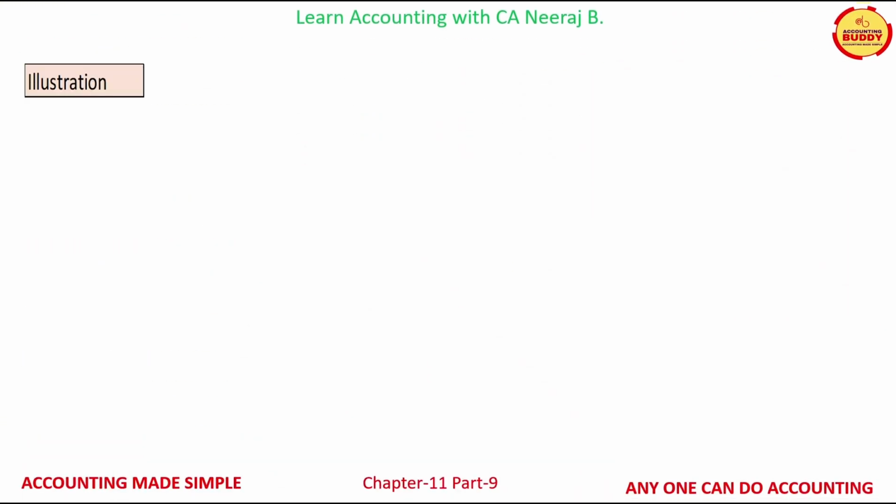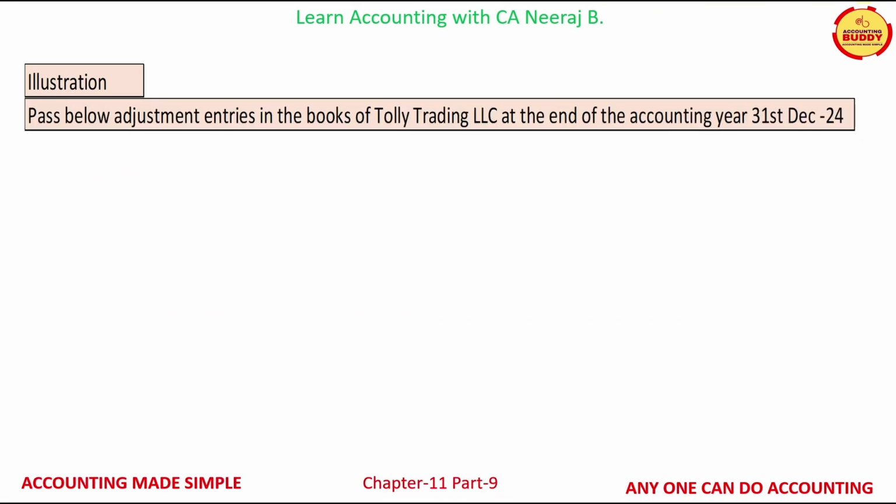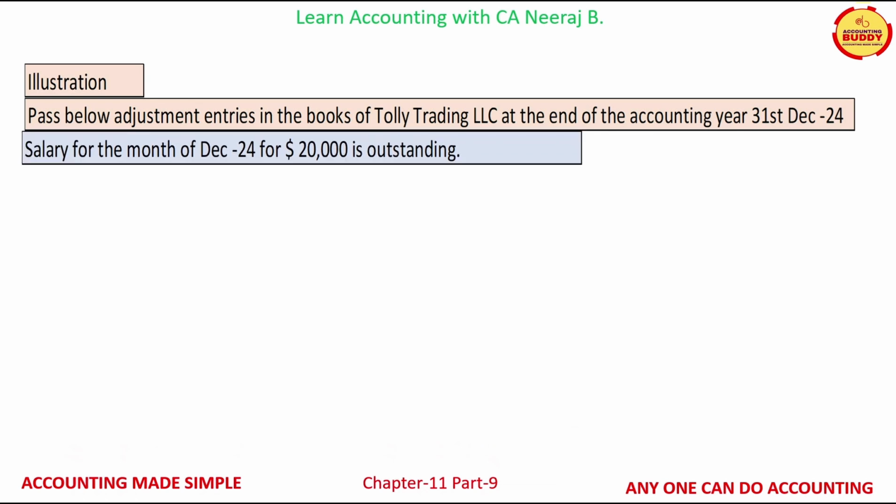Let us further strengthen our understanding of the year-end adjustment entries through an illustration. Pass below adjustment entries in the books of Tolly Trading LLC at the end of the accounting year, that is 31st December 24. First transaction on your screen is salary for the month of December 24 for $20,000 is outstanding.